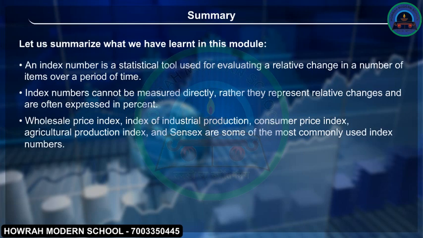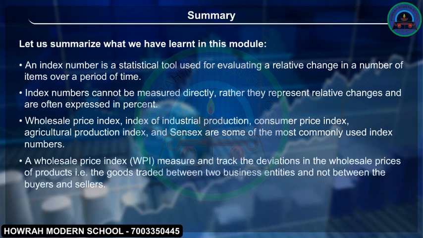A Wholesale Price Index (WPI) measures and tracks the deviations in the wholesale prices of products, that is, the goods traded between two business entities and not between the buyers and sellers.